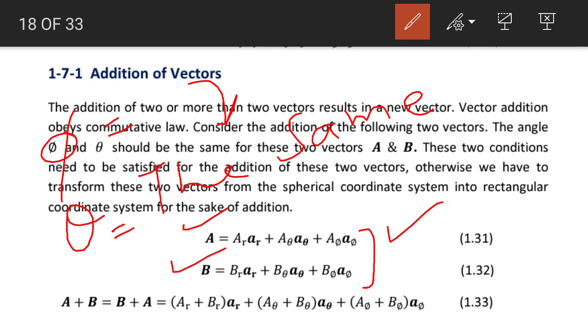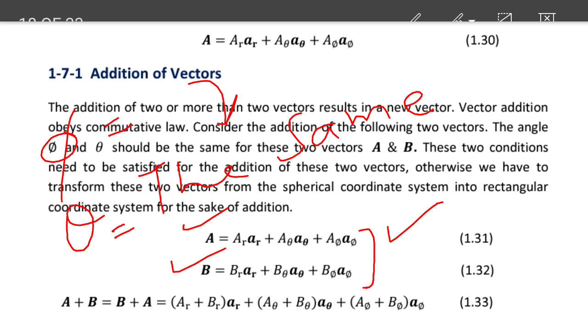Why? Because the scalar product is a number, and the number will remain the same in the rectangular as well as in the spherical coordinate system. So in the scalar product, you don't need to transform the result back to the spherical coordinate system. Anyhow, you need to satisfy these two conditions.